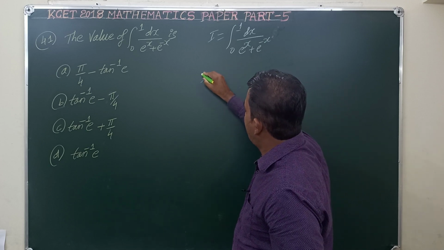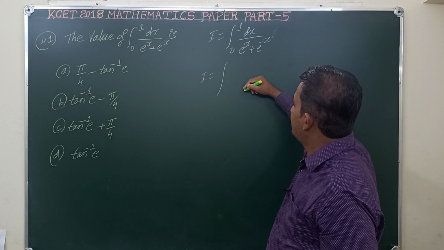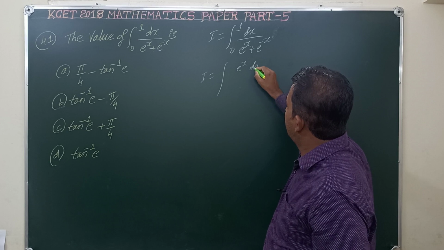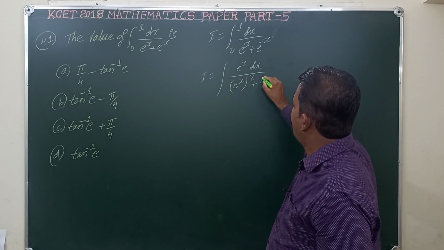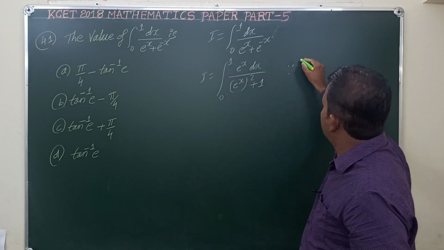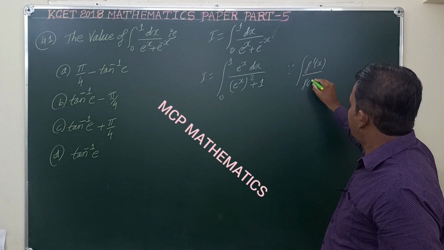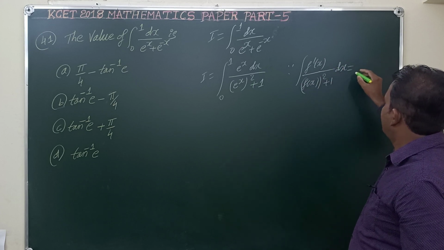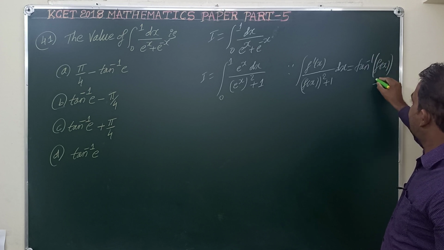So we need one modification in this case: multiply both numerator and denominator by e^x. So it is an unknown integrand, converted into a known one: (e^x) whole square plus 1 in the denominator. So it is in the form of the integral from 0 to 1 of f'(x) divided by (f(x)) whole square plus 1 with respect to x, which can be written as tan inverse of f(x) plus c.